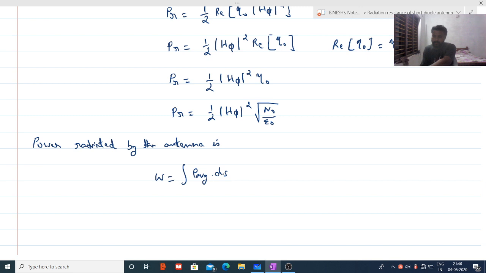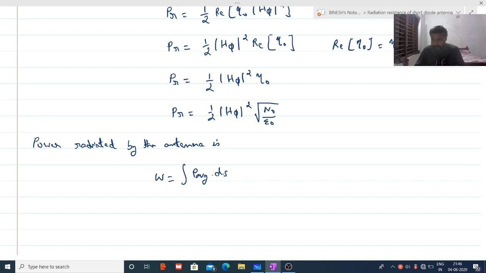Normally for the surface integral, we can write ds as r square sin theta d theta into d phi, because we have taken the surface integral with the sphere as the surface.